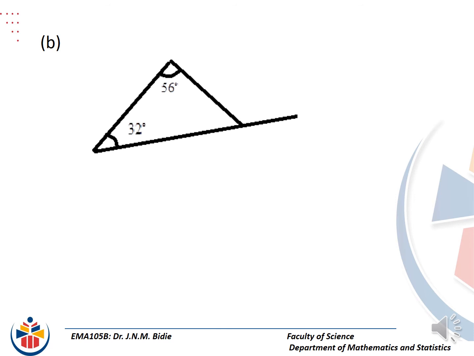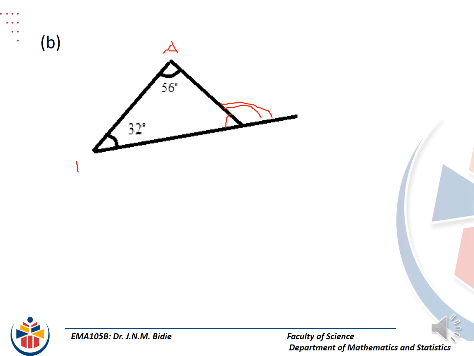We have here two unmarked angles. For the interior angle of that triangle, you can start by marking your vertices.